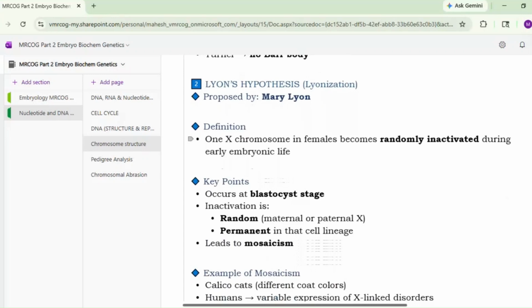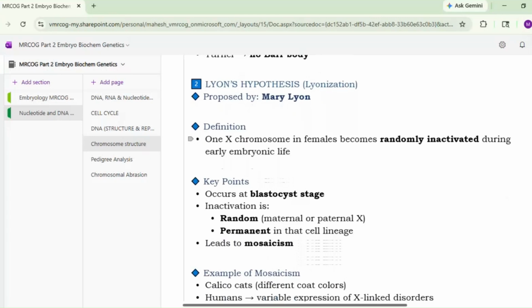Inactivation is random. Any X chromosome, maternal or paternal, can be inactivated. When there is an XX chromosome pair, one comes from the mother and one from the father, and it is not specific that only the maternal X chromosome will get inactivated. It is random in each cell. But whatever happens in that particular cell is permanent in that cell lineage.